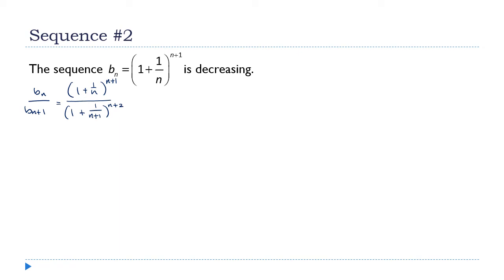All right, common denominator. I'm going to add these things together. Let's make these 1s into n over n and n plus 1 over n plus 1. So now I can add these things together. So this is (n plus 1 over n) to the n plus 1 over (n plus 2 over n plus 1) to the n plus 2.